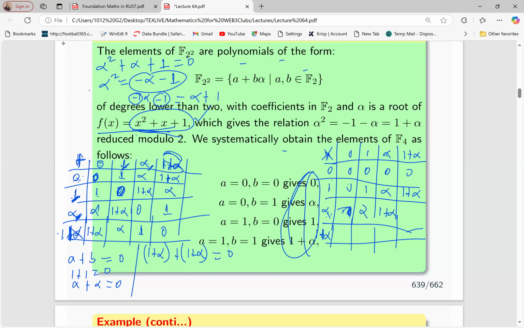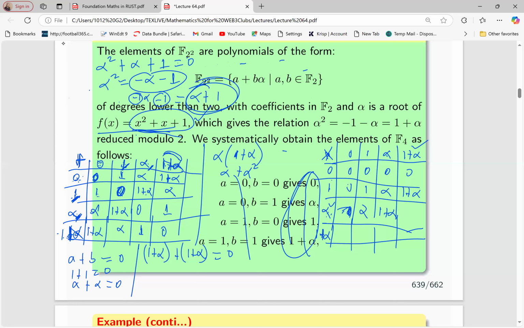Now let's multiply alpha and this. So it's alpha and 1 plus alpha. And when you do this, you get alpha plus alpha squared. But we already know what alpha squared is. It is alpha plus 1.